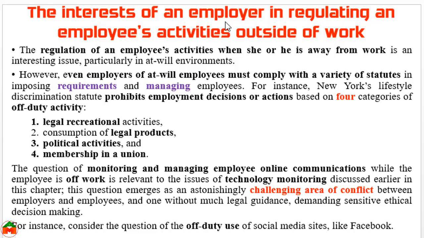The interest of an employer in regulating an employee's activities outside of work. Nowadays, some employers are interested in monitoring the activities of employees outside of work. In that case, considering the ethical issues, the employer should not monitor four categories of off-duty activity: legal recreational activities, consumption of legal products, political activities, and membership in a union.